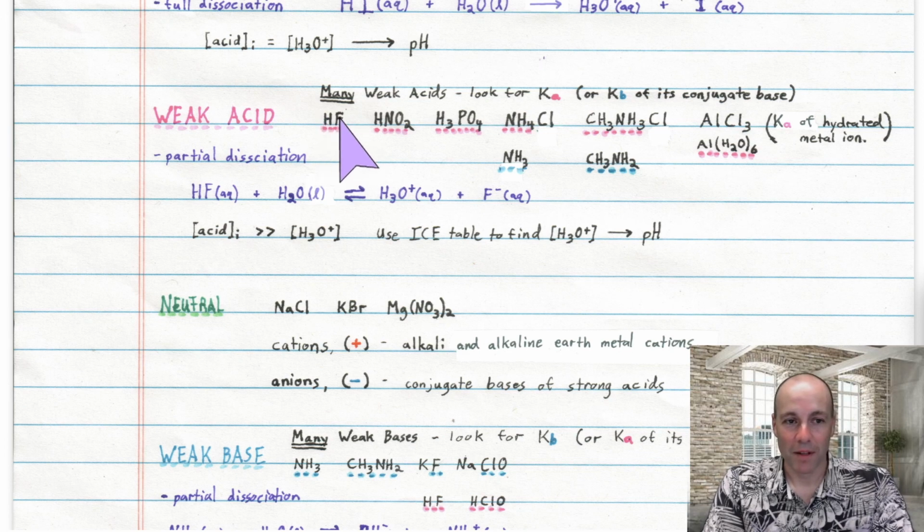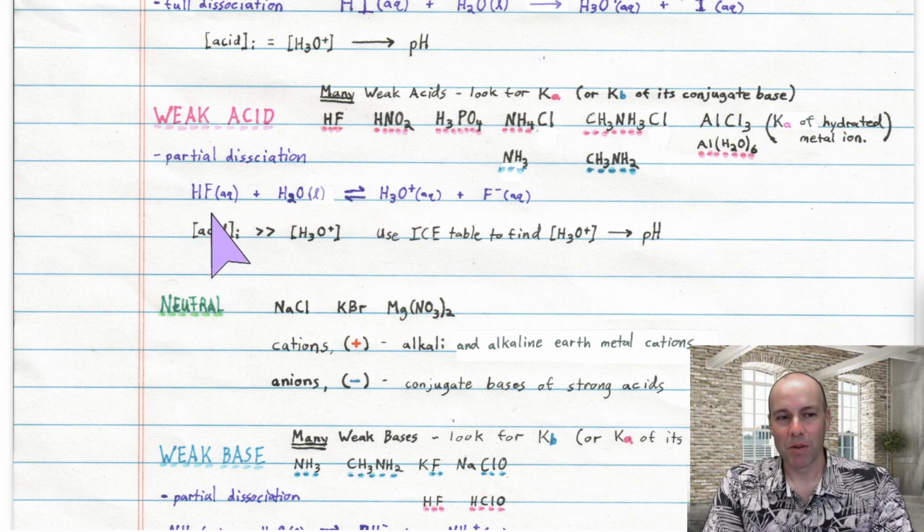HF, for example. Weak acids undergo partial dissociation, so HF will produce protons, but it's an equilibrium that occurs between the reactants and products as acknowledged by the equilibrium arrows here. Now in this case, most of the acid will be undissociated.